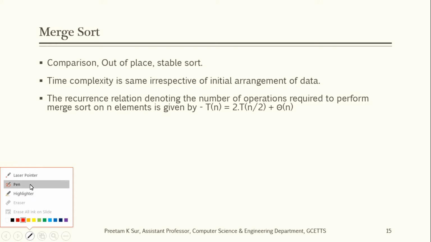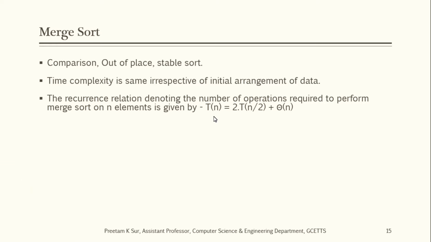Let me explain this one by one. What T(n) means is the number of steps or number of operations that are performed when we are doing merge sort on n elements, or an array size of n. Now how is merge sort performed? Merge sort divides the array of size n into two equal parts, that is n/2, right?